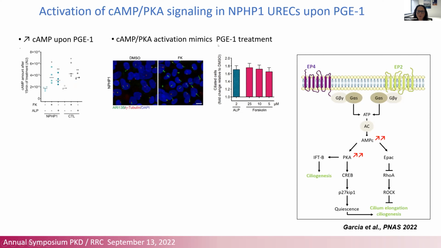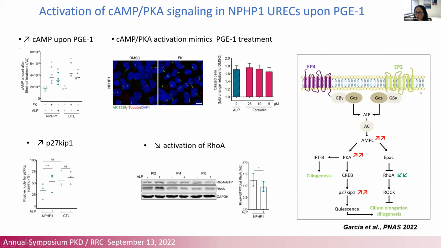In the same line, we have also shown that forskolin, which activates cyclic AMP and PKA, has the same effect on ciliogenesis.